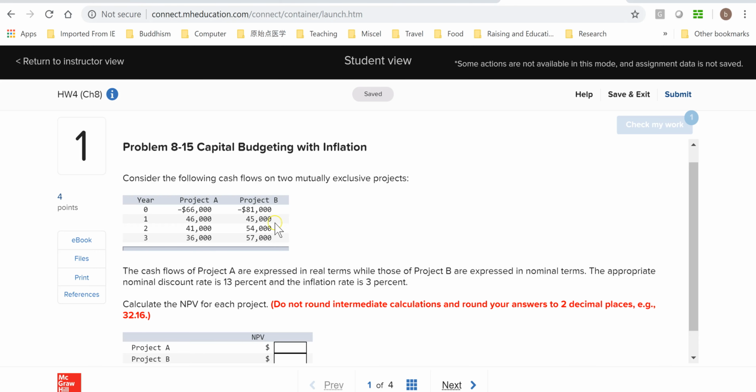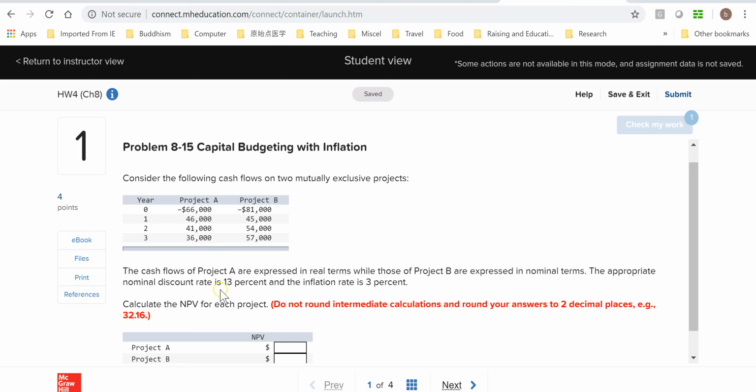So in this question, we are told that the cash flows for project A are in real terms. So the first column here, the cash flows are in real terms, and we need to discount these cash flows at the real discount rate.